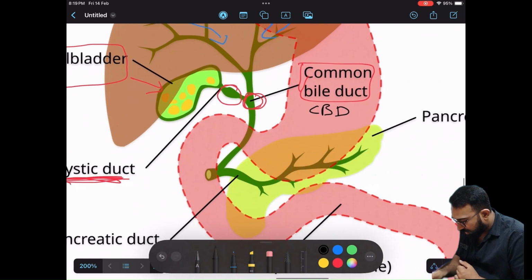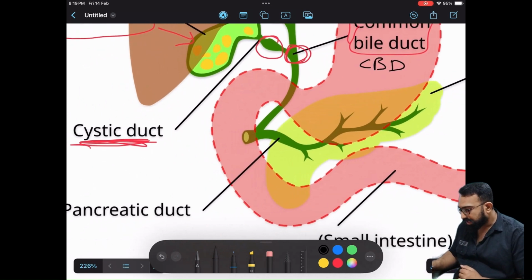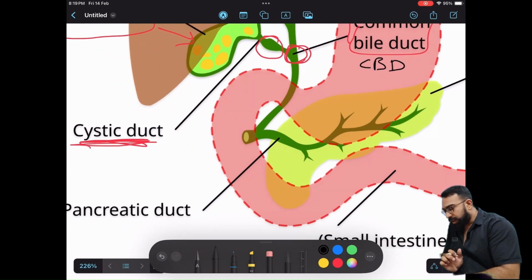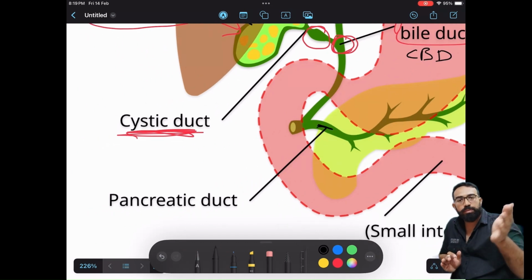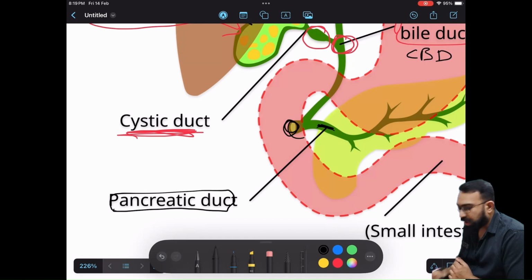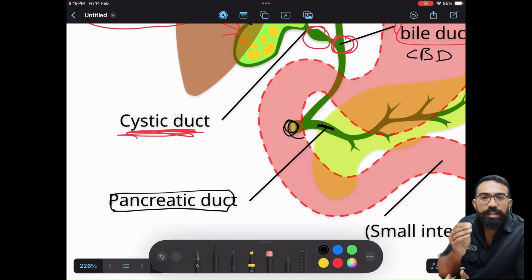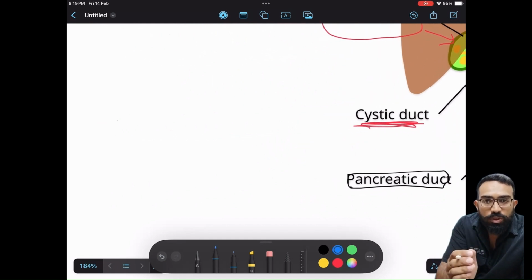common bile duct or CBD. The common bile duct gets joined with a duct coming from the pancreas, which is this duct. This is the pancreatic duct, and they together open in a common opening. In what place? They open in the duodenum. Which part of the duodenum?